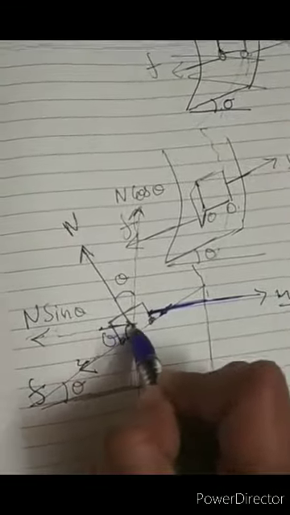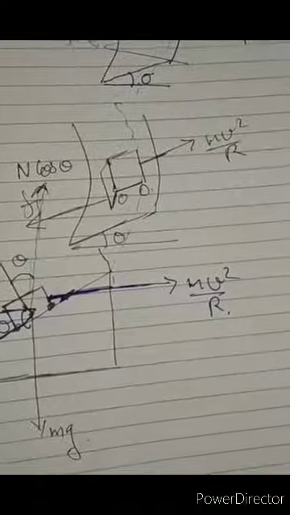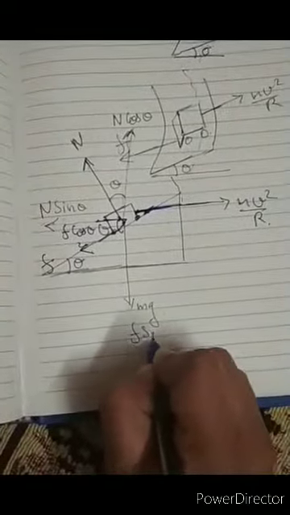So I know this is angle theta. Why is this angle theta? Because it's making an alternate interior angle. Then we have f cos theta and f sin theta, with mg.